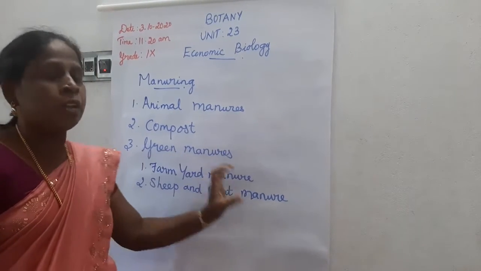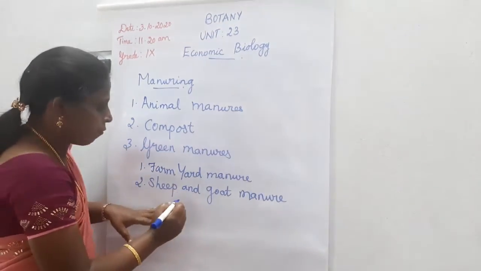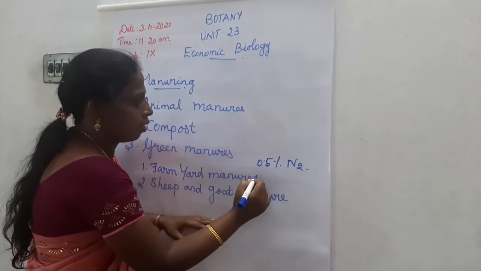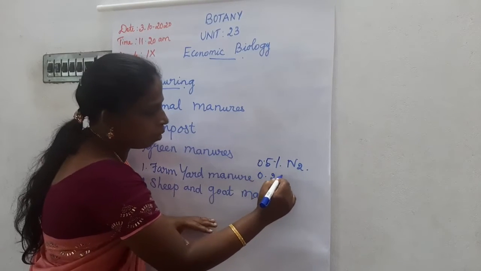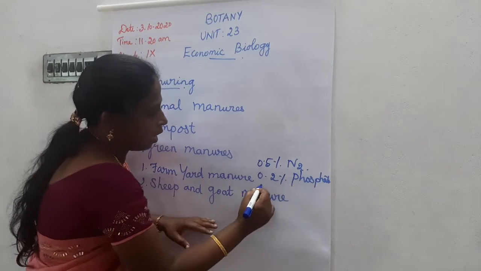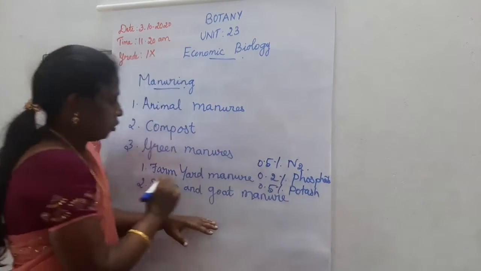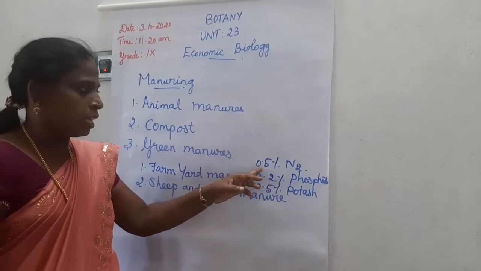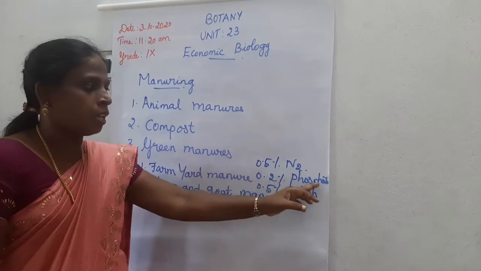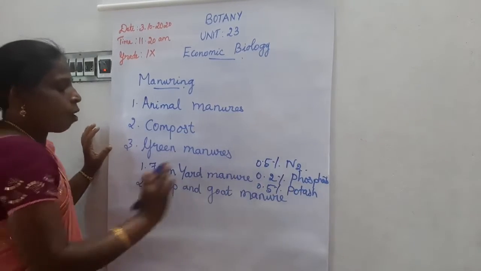This farmyard manure consists of different nutrients: 0.5% of nitrogen, 0.2% of phosphate and 0.5% of potash. That is farmyard manure.